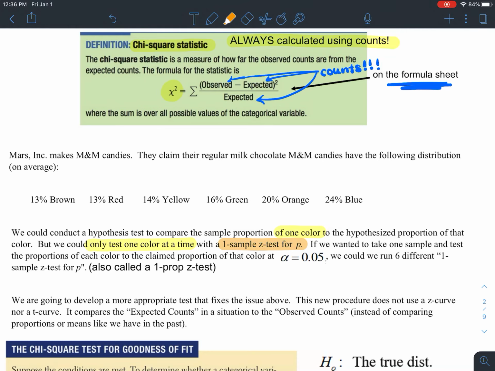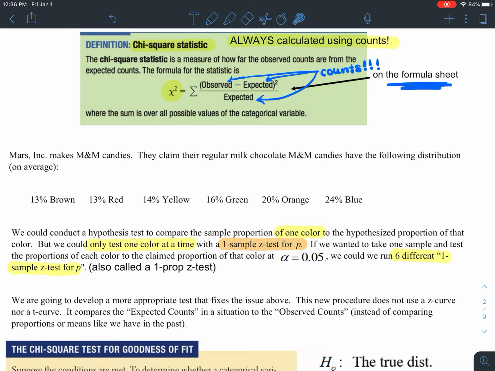If we wanted to take one sample and test the proportions of each color at a 5% significance level, we would have to run 6 different one sample z-tests. On the calculator, it's called a one prop z-test. We have to do 6 different ones of those because we have 6 different categories of colors.